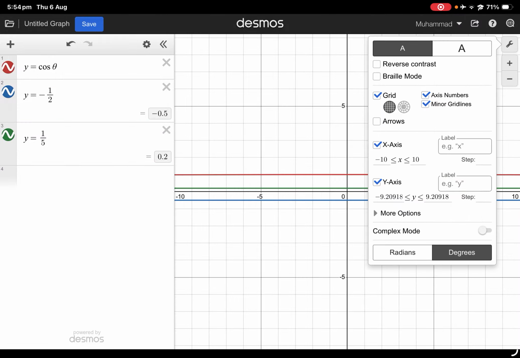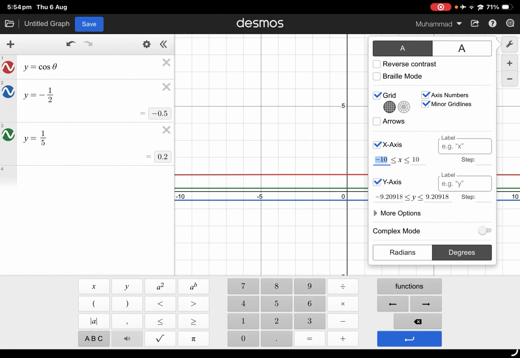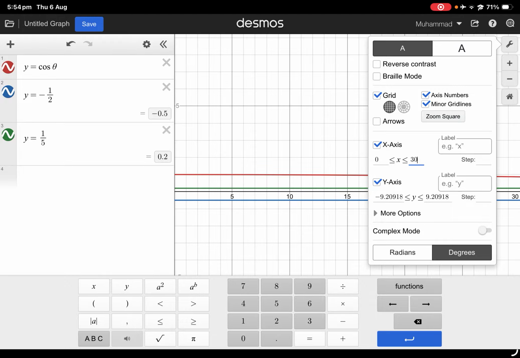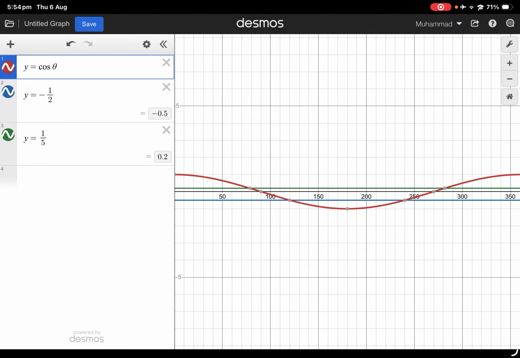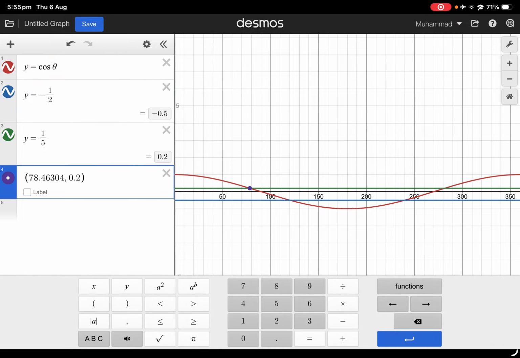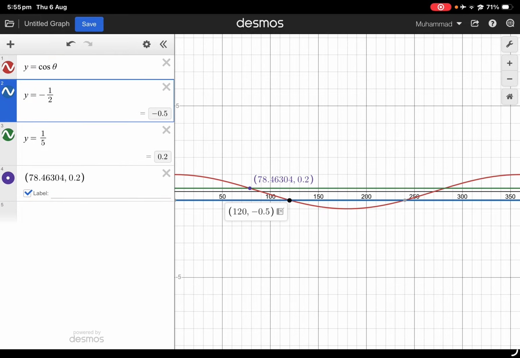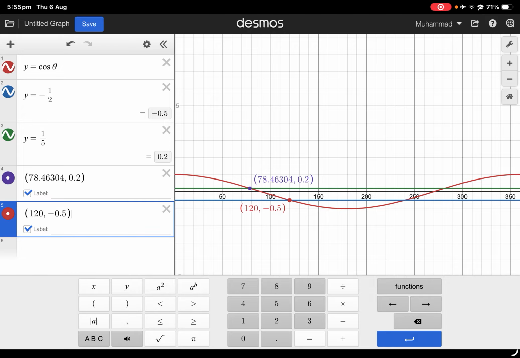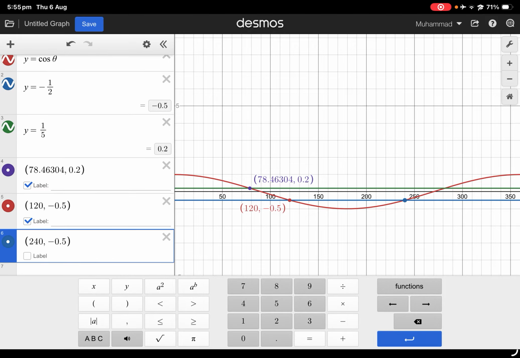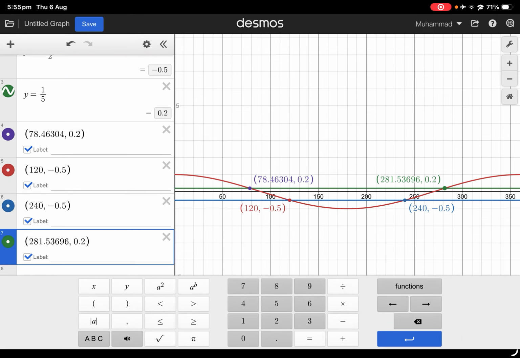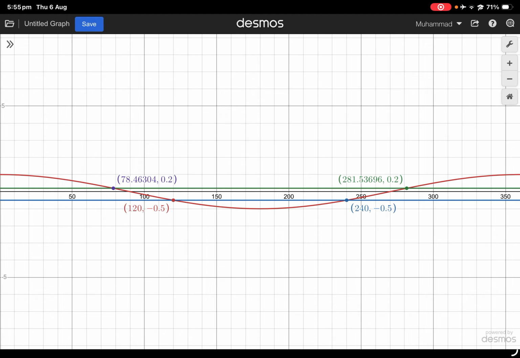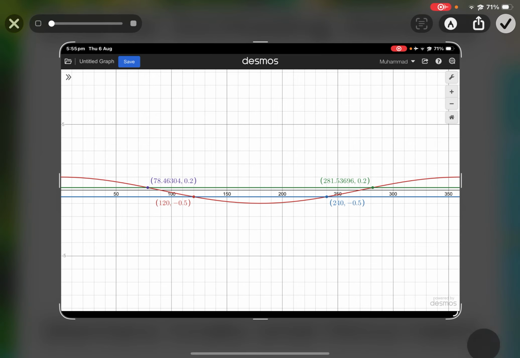So this is in degrees, so 0 to 360 degrees. So let me just log all the points. Then this point, label it. Then this point, so we have 4 different points. You can log those in.